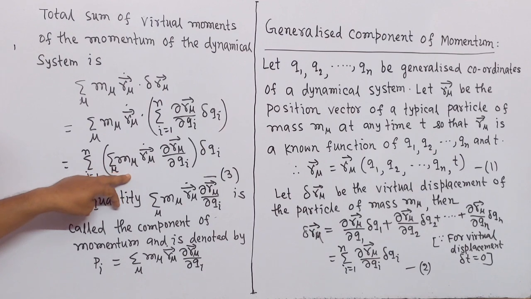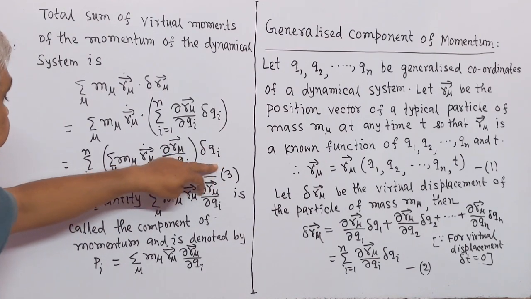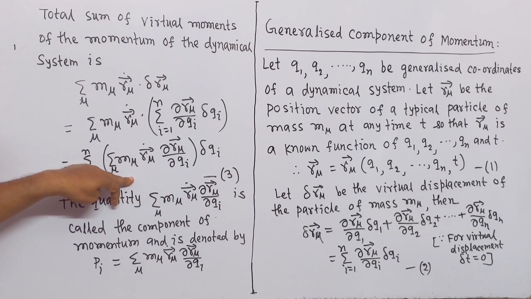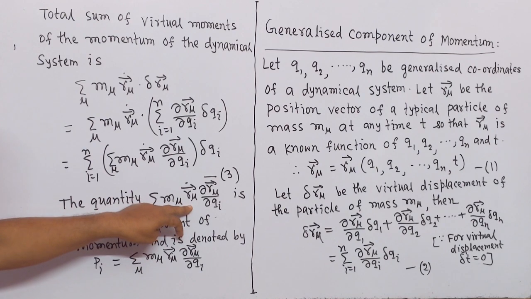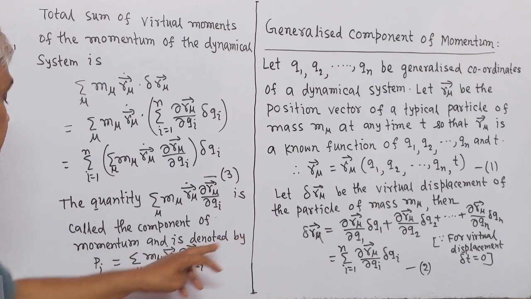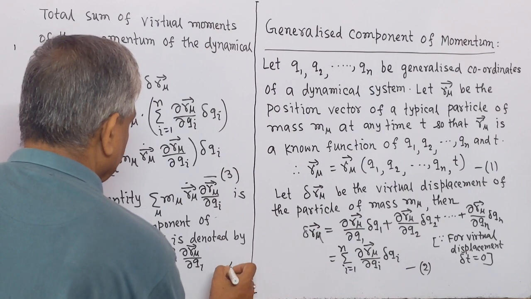This part is momentum and the whole is moment of momentum. So this part is called the component of momentum and is denoted by Pi. Let this be number 4.